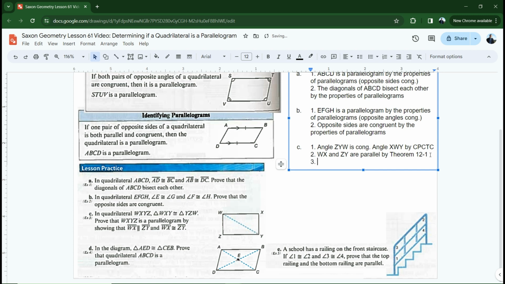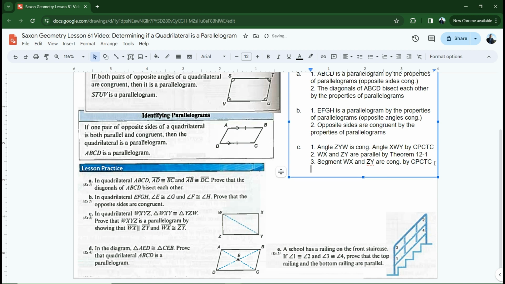Okay, so now I've proved the lines are parallel. The other thing I need to prove is that WX is congruent to ZY. That's really easy. I could state that segment WX and ZY are congruent by CPCTC because they're corresponding parts of congruent triangles. They're both the bottom leg of this triangle, or I guess the top leg of this triangle, but they're the corresponding parts of a congruent triangle, and therefore they're congruent.